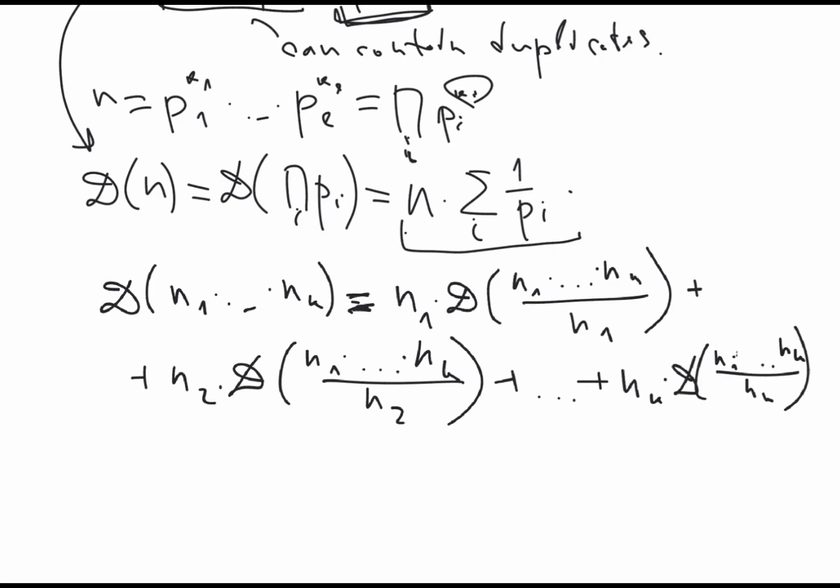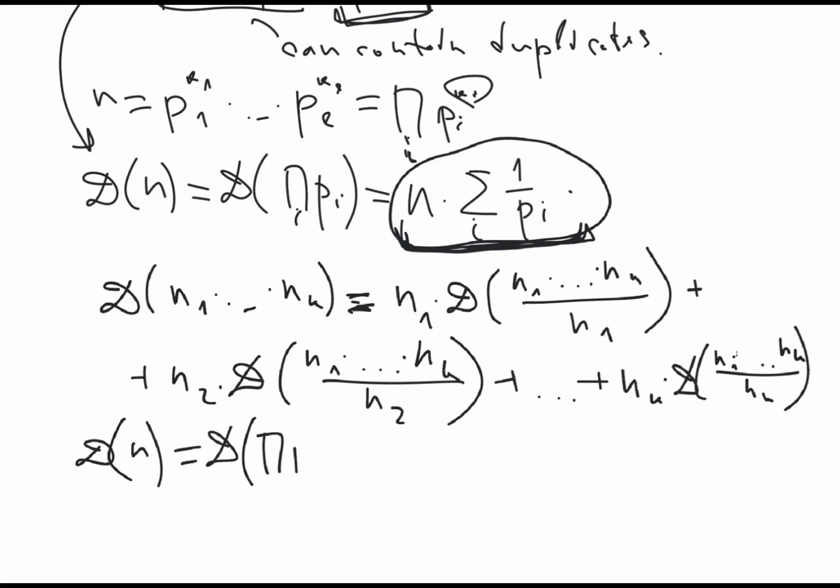I'm just trying to explain where this expression for the formula comes from, and so then when we express the d of n as d of the product of pi, this would be the sum. So similar here we have the sum, and then would be pi, so the sum by pi multiplied by the derivative of the original number, right?